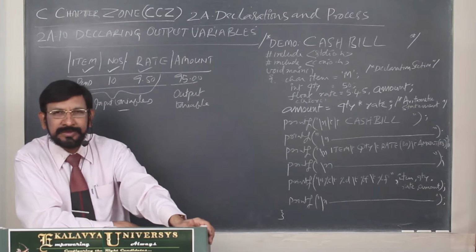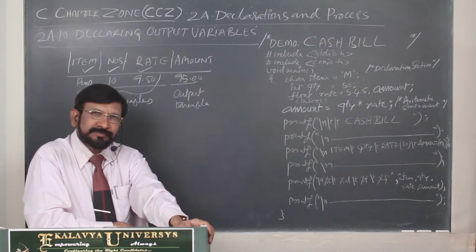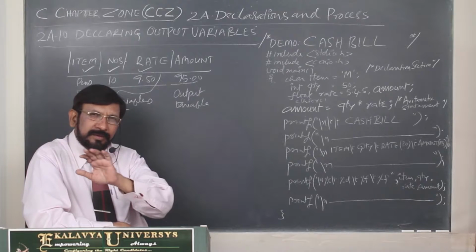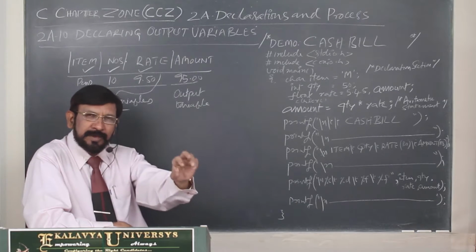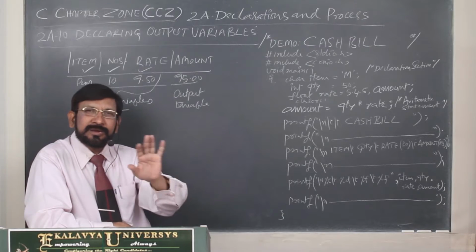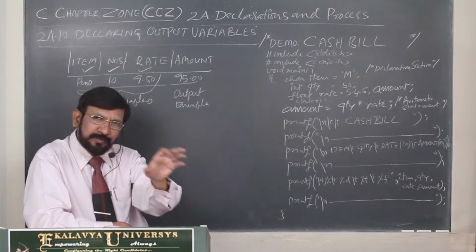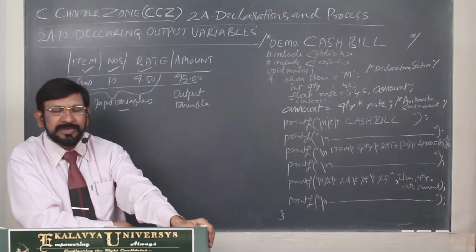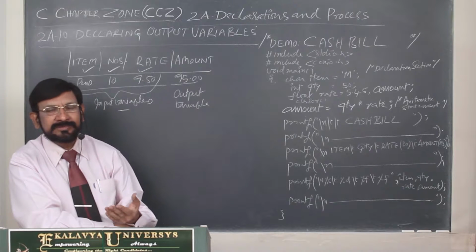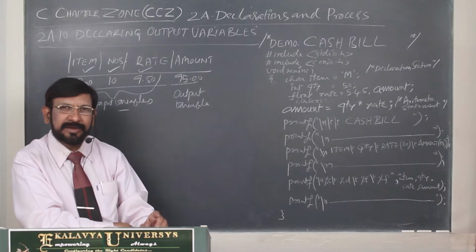One more example I give you. You have 5 papers and you enter your marks in the 5 papers. Those are input variables. For that, you have to create input variables. And your program generates the total marks, average marks or percentage of marks, and grade.